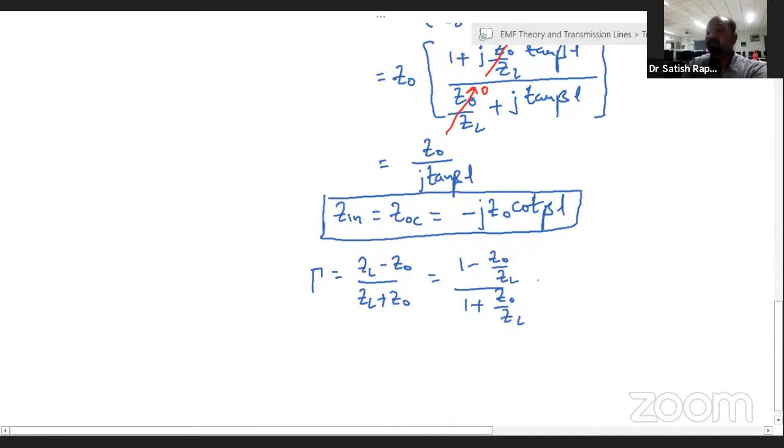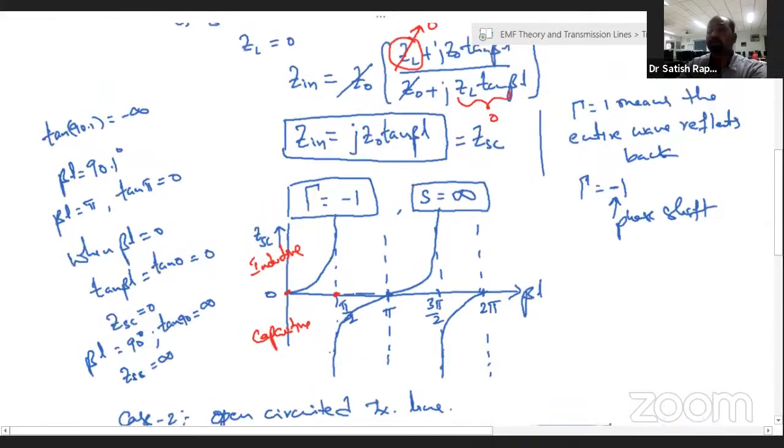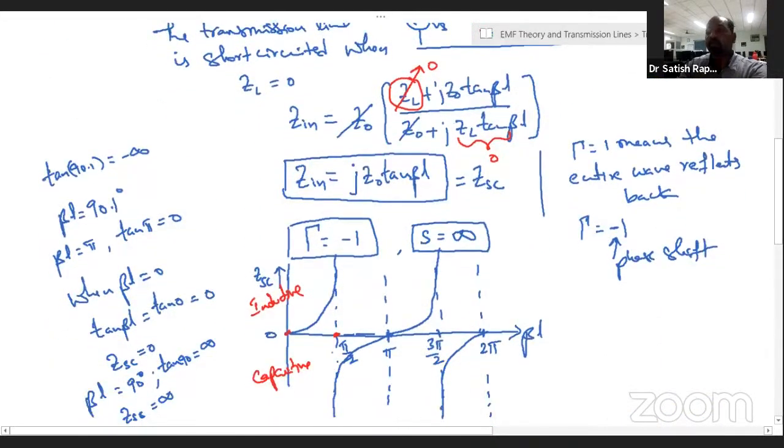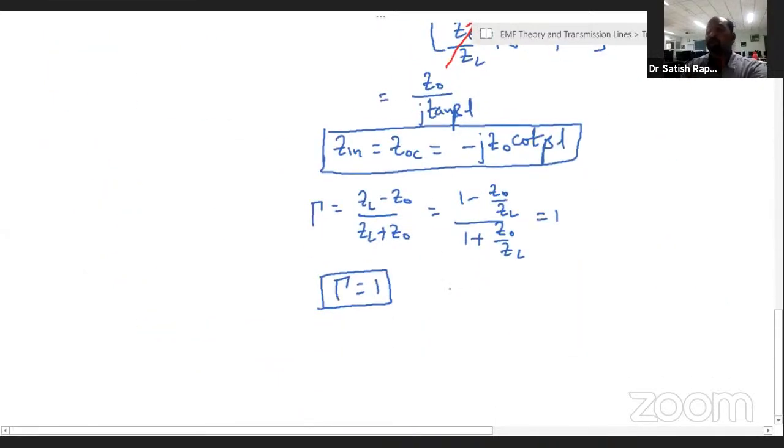ZL is infinite, so therefore it is equal to 1. Whereas for a short circuited transmission line, it is minus 1, for an open circuited transmission line, it is 1. That means here also the entire wave reflects back, but without any phase shift.